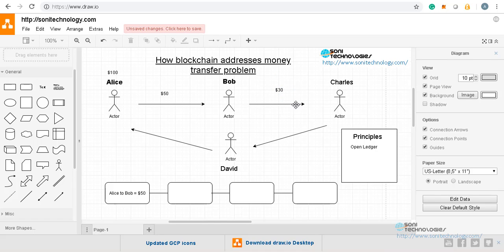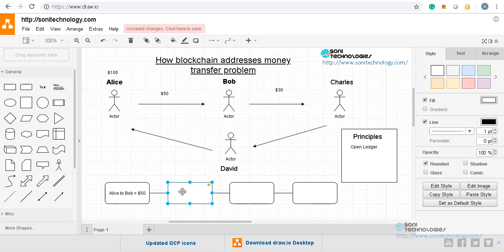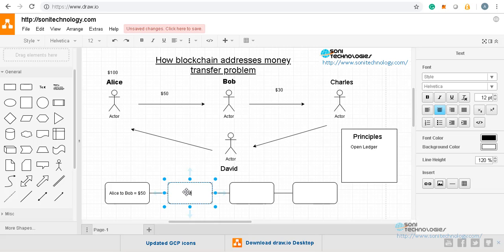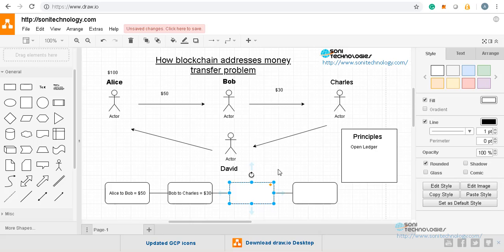So this transaction will again be recorded in the open ledger, and we'll write here Bob to Charles $30. Now again, in Charles's account we have $30.